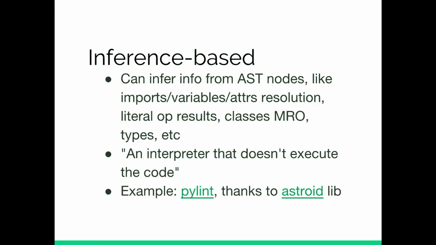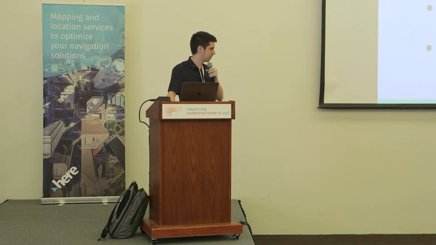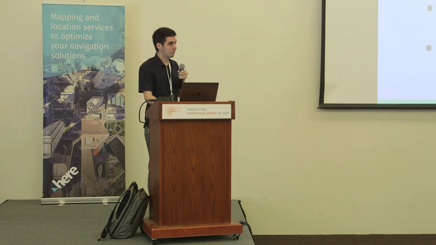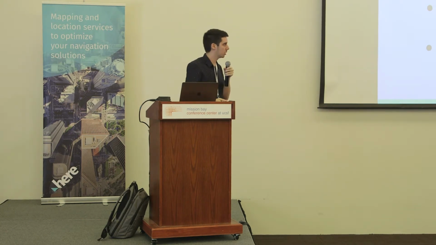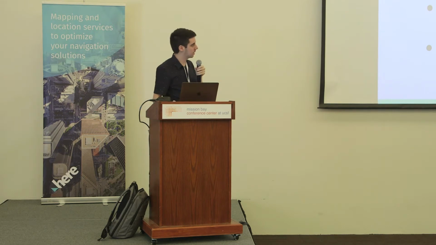An example of a linter that does that is PyLint. PyLint has very bad defaults. So if you install PyLint and run it against your project, you'll find lots of bad warnings that you don't care about. But it does have very good warnings related to bugs, because it can infer things from your code. And that's thanks to the astroid lib. Let's see a demo for that.